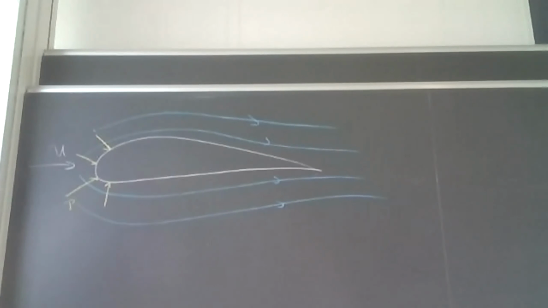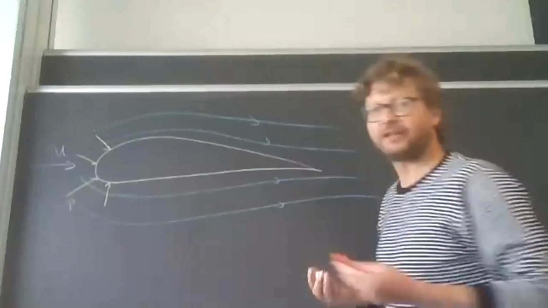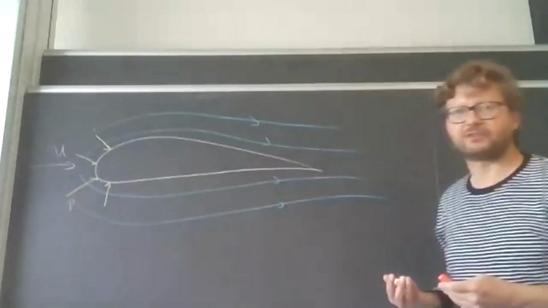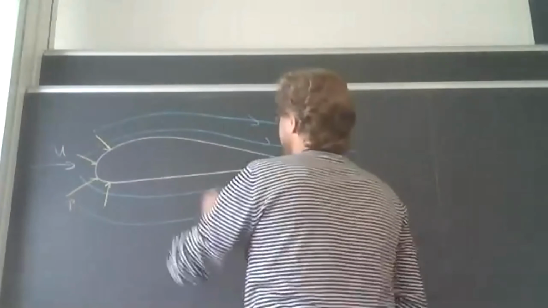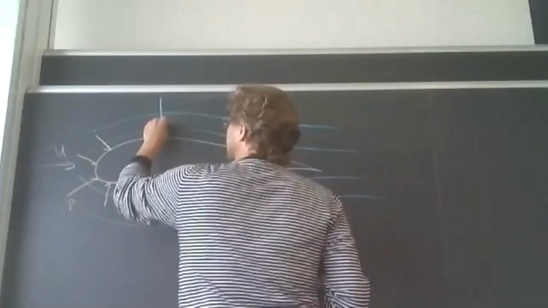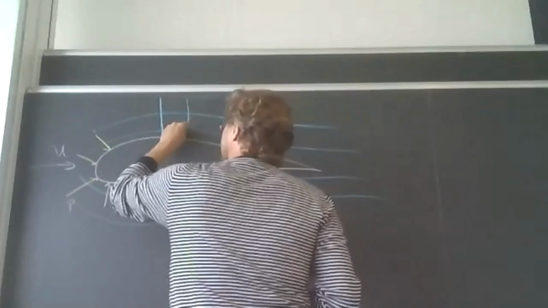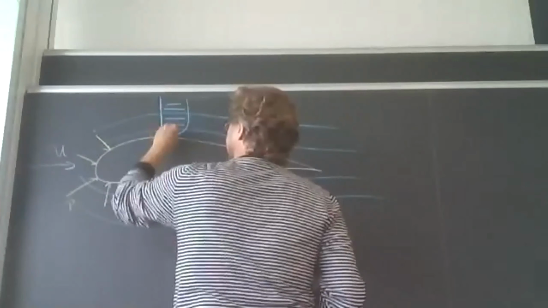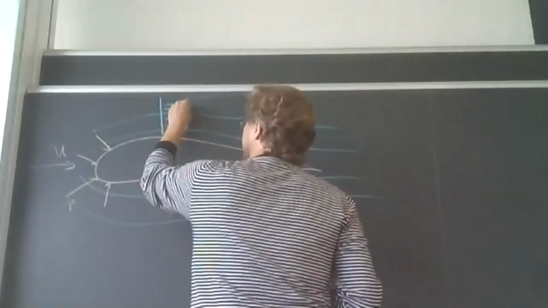And because we're looking at the viscous flow, one color here, because we're looking at the viscous flow, we'll have boundary layers on the surface of this wing. What they could look like, something like that. Boundary layer here.